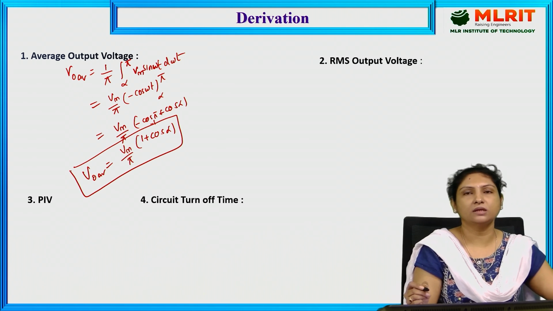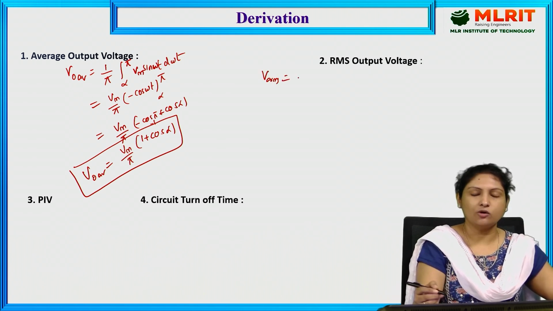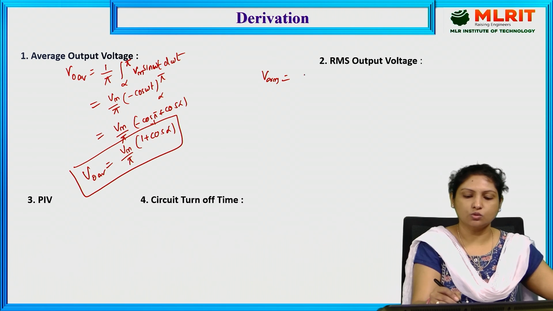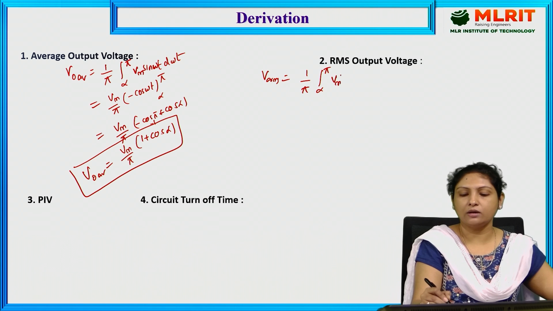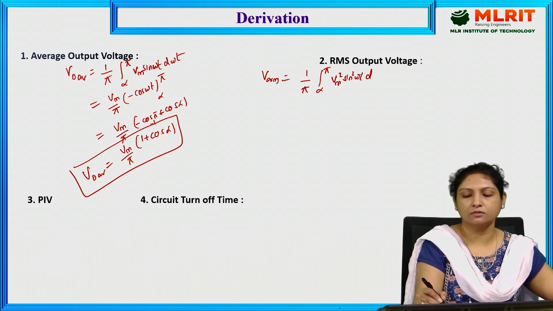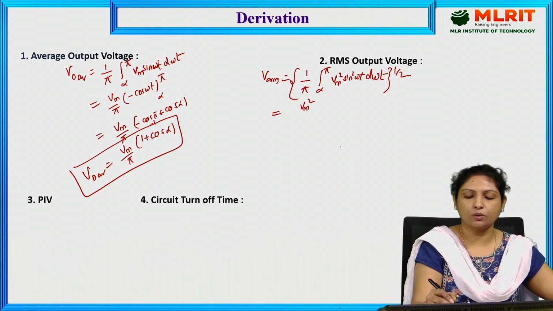And now the V naught RMS expression. I am not taking the general formula. It is 1 by pi, conducting from alpha to pi, Vm square sin square omega t d omega t, whole to the power of 1 by 2. Bringing Vm square out, Vm square by pi.